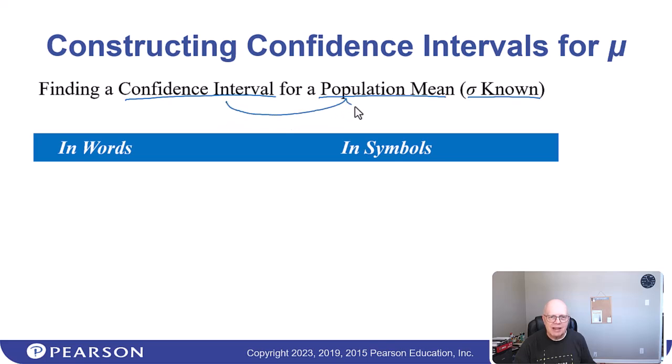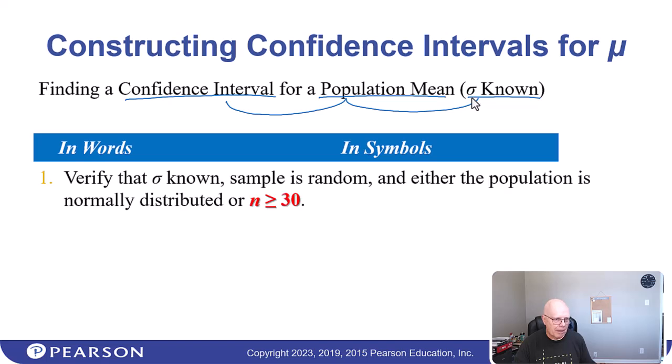First of all, make sure your sample is random. Second of all, either someone tells you that the data is normally distributed in the population, or your sample is 30 or more, which will ensure that you'll have a normal distribution for your X bars.